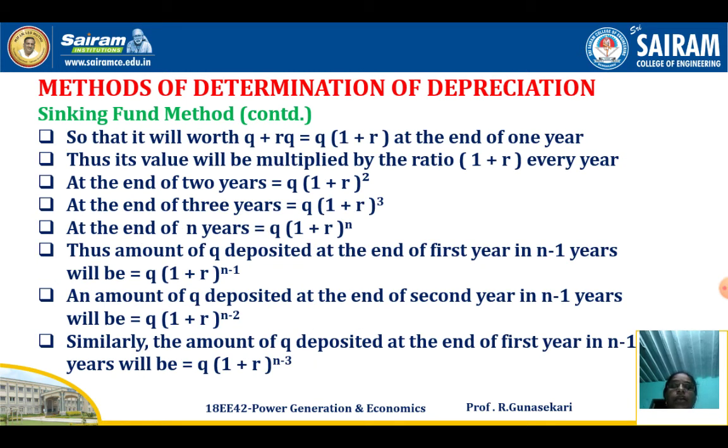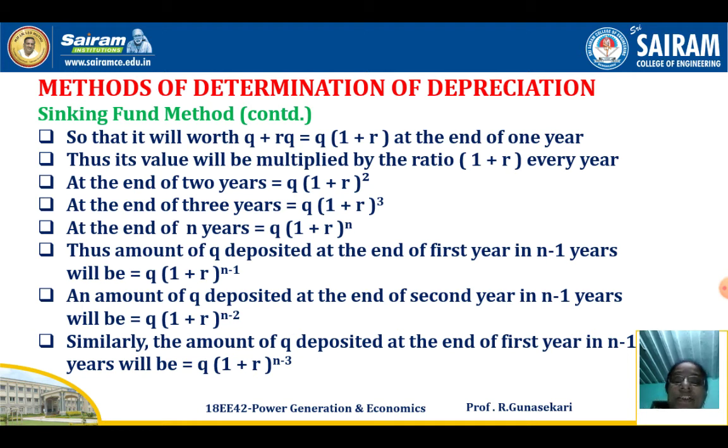Now we calculate Q plus rQ, that means Q plus small r into Q equals Q into 1 plus r at the end of 1 year only. So this value is multiplied by the ratio 1 plus r every year.